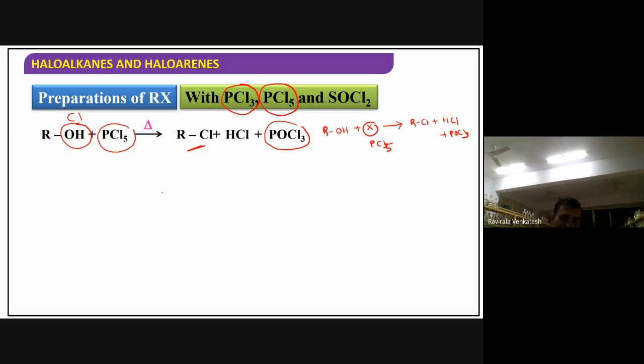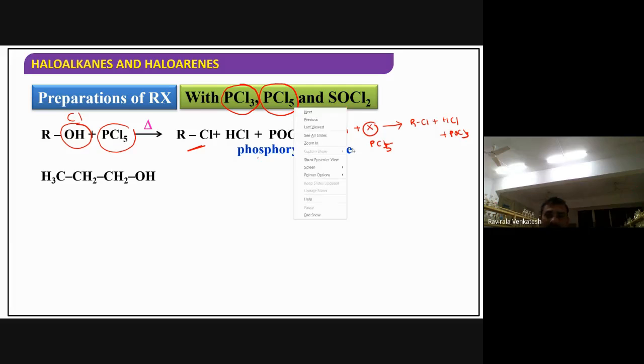Otherwise, you write in sentence: when alcohol reacts with phosphorus pentachloride on heating, it produces alkyl chloride plus HCl and POCl3. Practice in such a way and it is easily remembered. The name of POCl3 is phosphoryl chloride. This is called sulfonyl chloride.